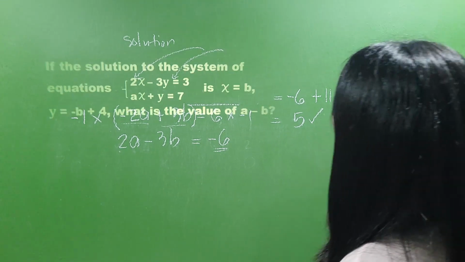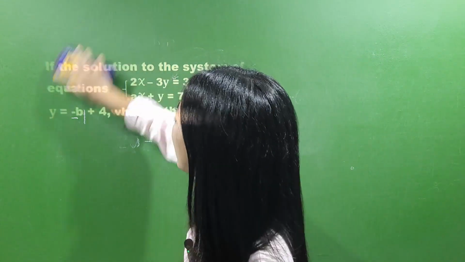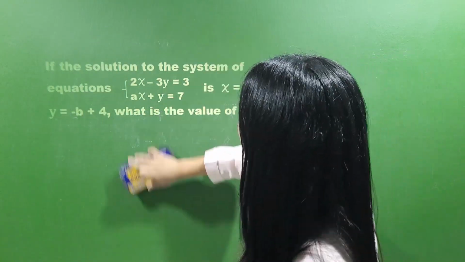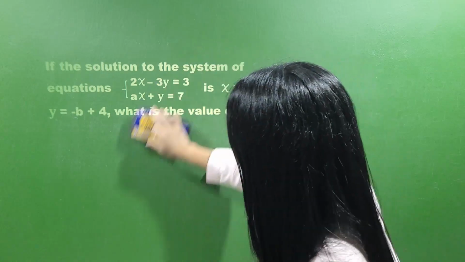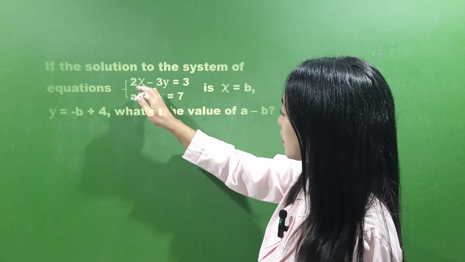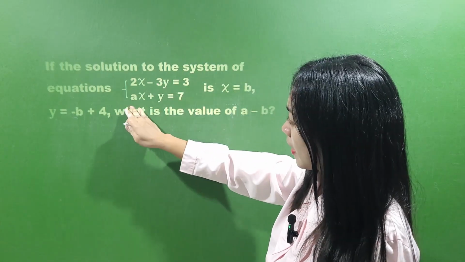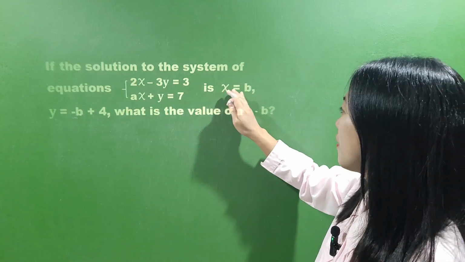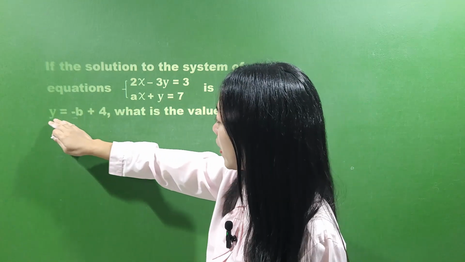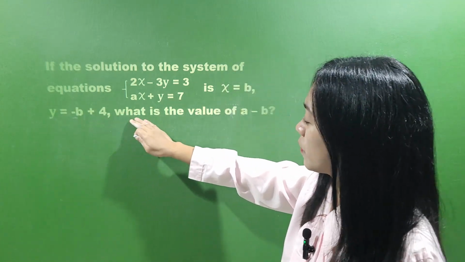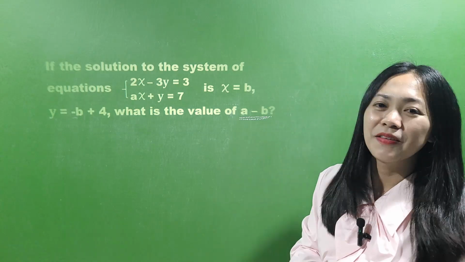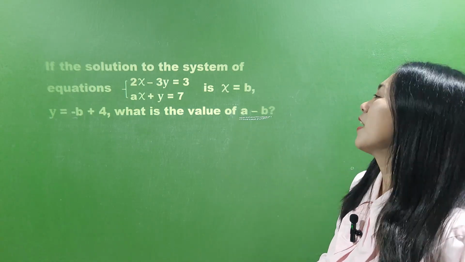Okay, moving on to our last problem. Let's also answer this one. If the solution to the system of equations 2x minus 3y is equal to 3 and ax plus y is equal to 7 is the value of x is b, the value of y is negative b plus 4, we will be looking for the value of a minus b.